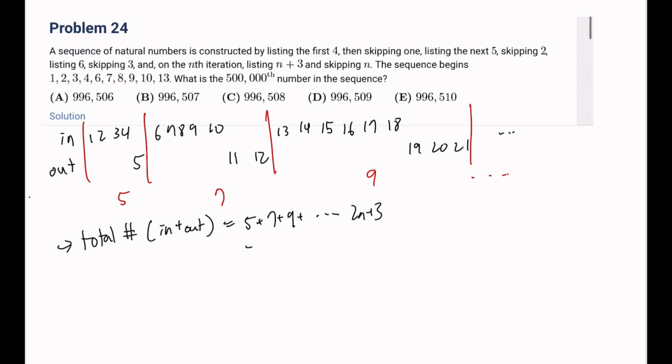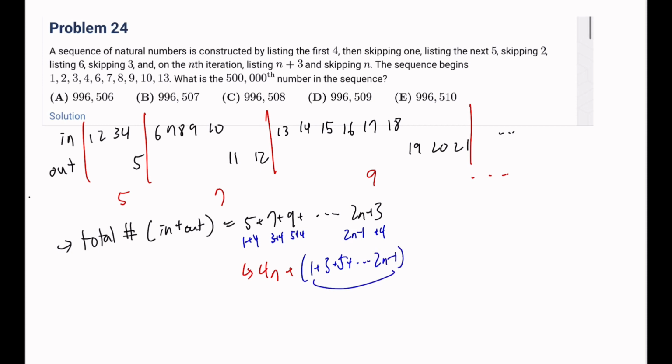And so we can say that 5 is 1 plus 4, 7 is 3 plus 4, 9 is 5 plus 4, all the way to 2n plus 3 is 2n minus 1 plus 4, right? And so if we take out all the 4's, there will be n 4's, so it's 4n, and plus will be 1 plus 3 plus 5 plus all the way to 2n minus 1.